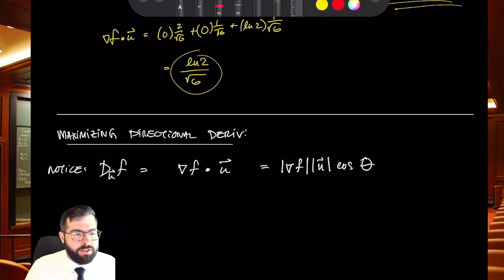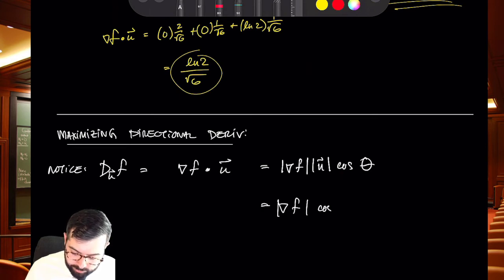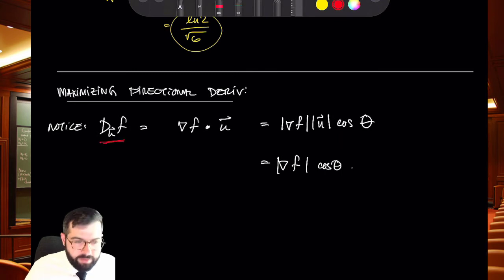But we already know the magnitude of u. What's the magnitude of u? One. Yes, it's a unit vector. So that magnitude is 1, and we can feel free to not write that anymore. So this is really the magnitude of the gradient times the cosine of theta. What does this say to us? The derivative in the direction of u depends on the magnitude of the gradient of f times the cosine of the angle between the two.